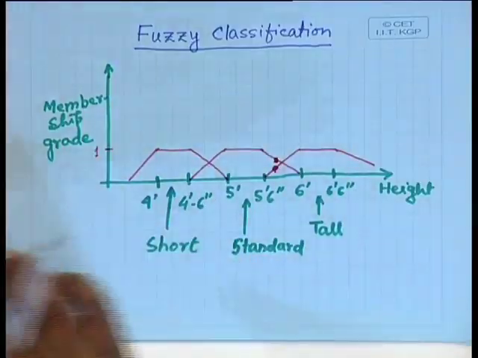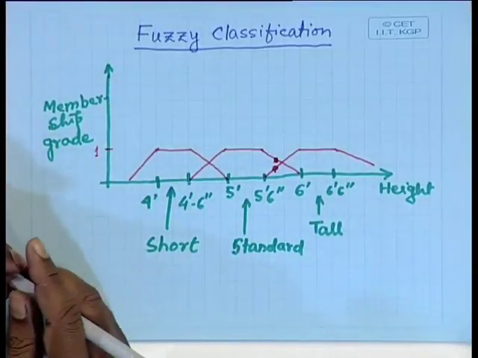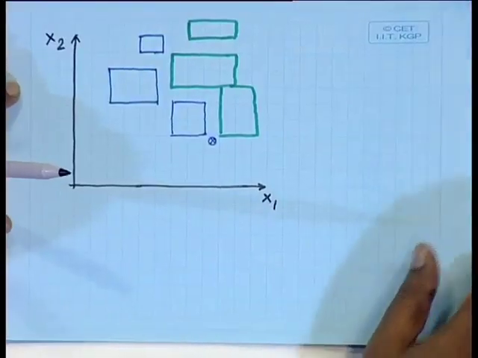As I said, I will not go into the details of this fuzzy logic or fuzzy algebra, but just for our application what is required, I am discussing that. Now, after giving an introduction to fuzzy membership values, let us see how we can make use of this concept in our hyperbox classification.